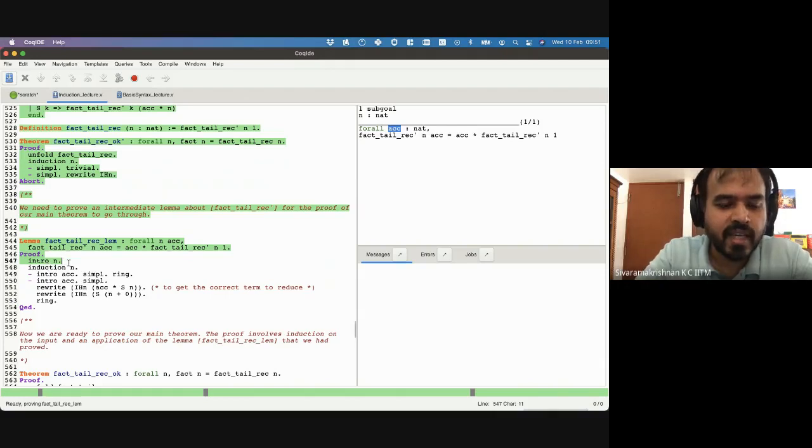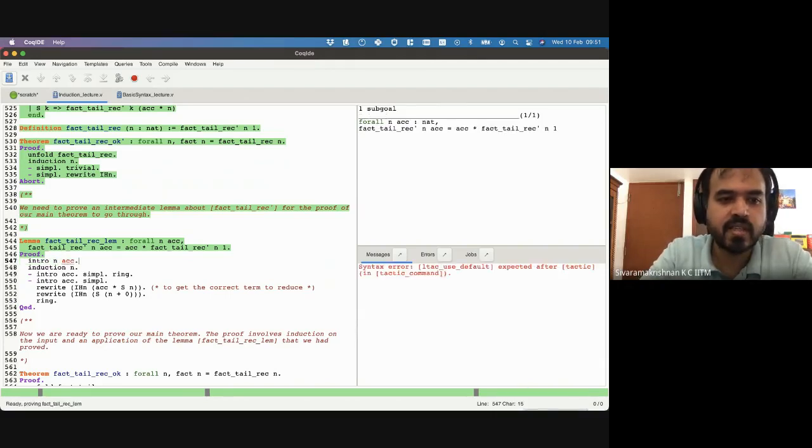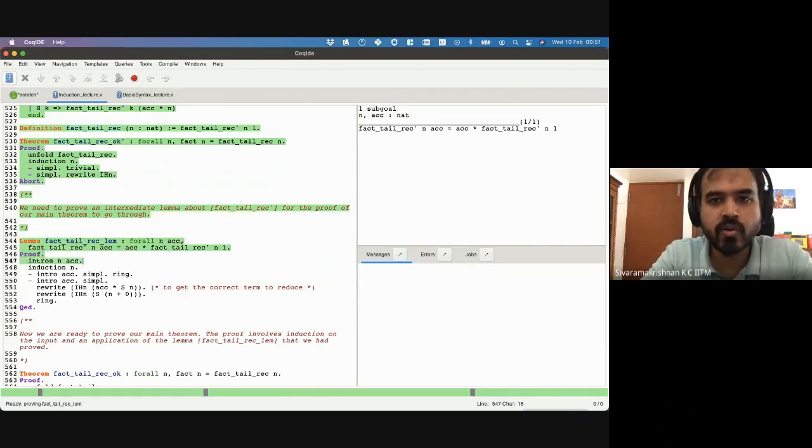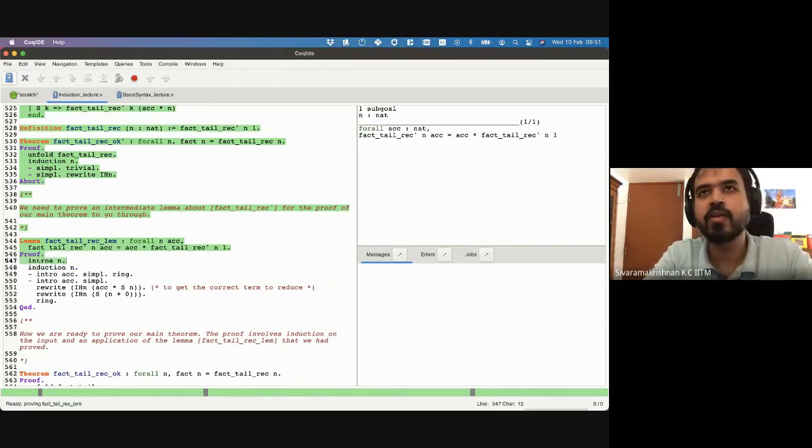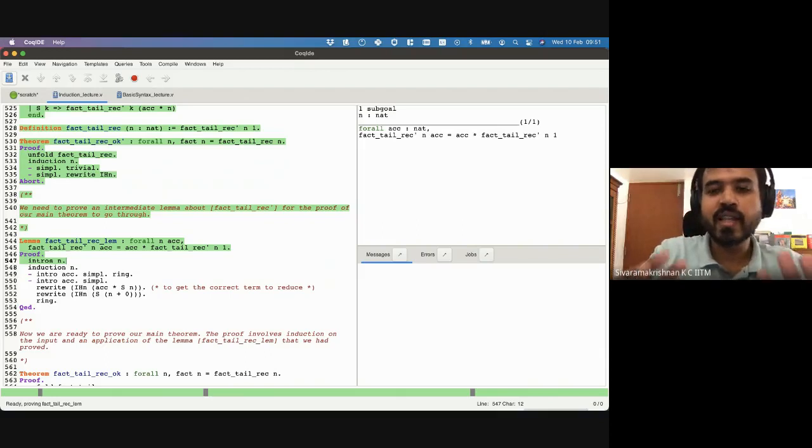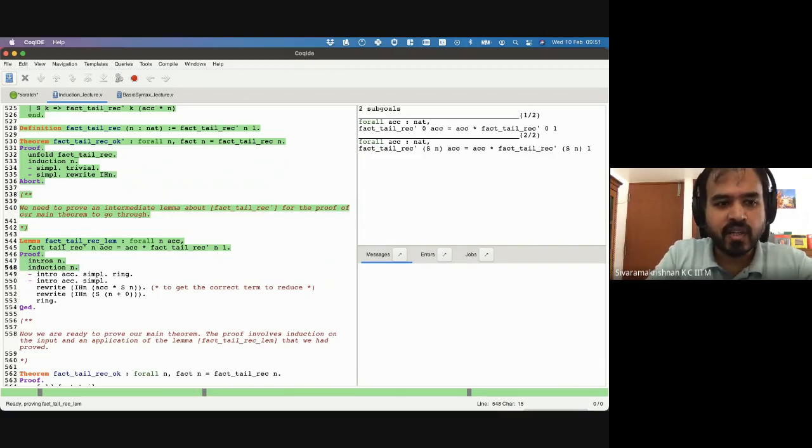The key thing to notice is I'm not doing intros and accumulator. I'm only introducing n, and I'm not introducing the accumulator. I'm keeping accumulator as general as possible. That's the way you should think about it. The reason will become clear in a moment.